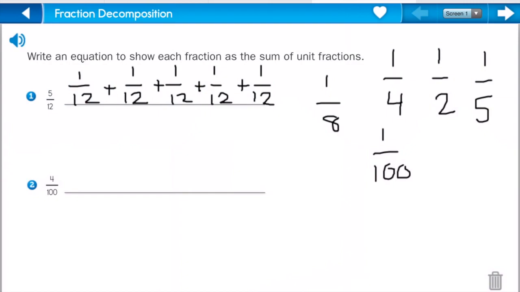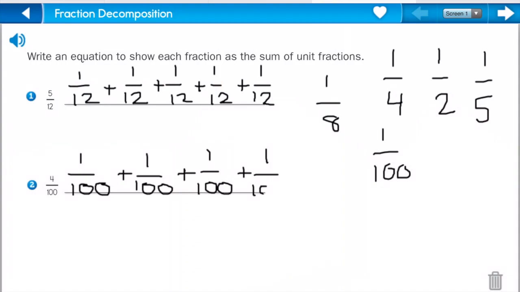All right. Now let's try the next one together. We have 4/100. I want you to think for yourself: how are we going to split this up into unit fractions? Okay, what we're going to do is take 1 over 100 plus 1 over 100 plus 1 over 100 plus 1 over 100.